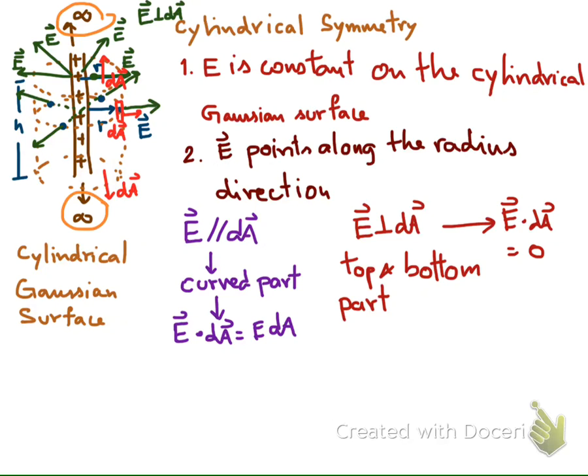Now, when we have enough symmetry in our problem, you can see that we can use Gauss's law to calculate the electric field at this point. The process is the same, that is, we calculate the total flux on this Gaussian surface that includes the point of interest. So the total flux is equal to the integral over the closed surface of E dot dA.